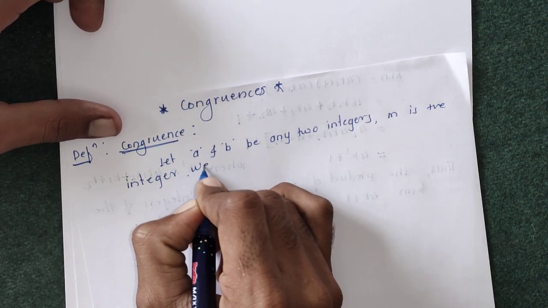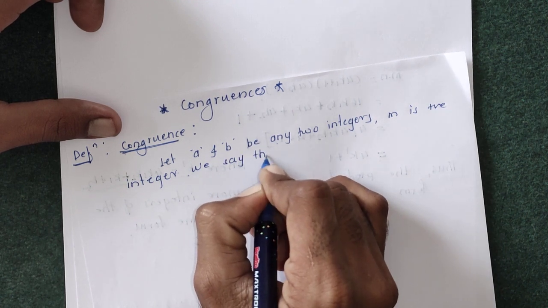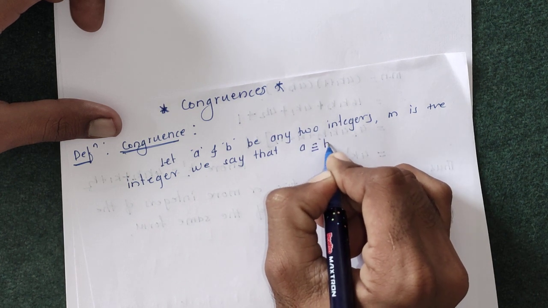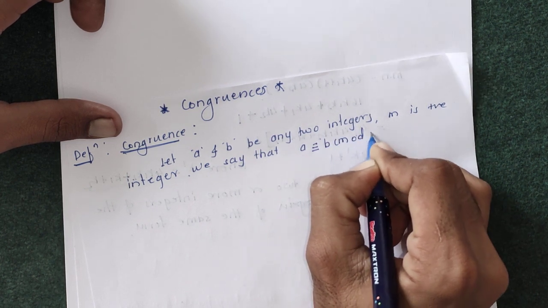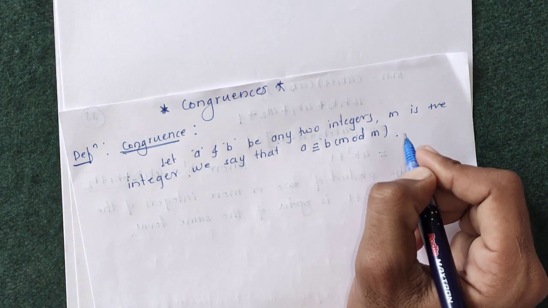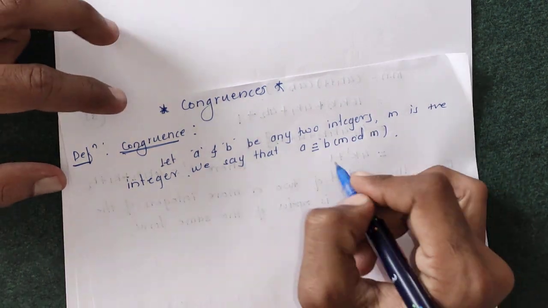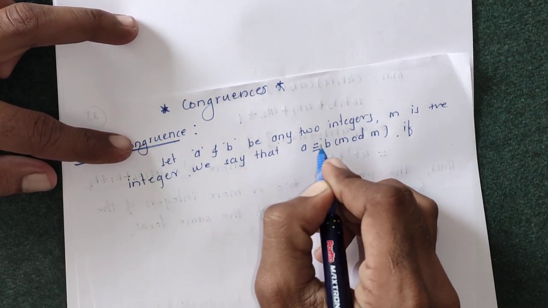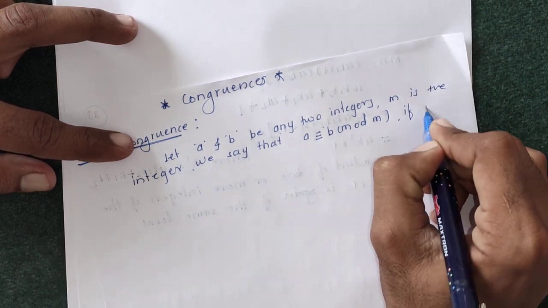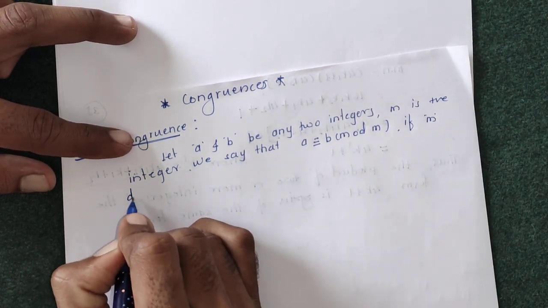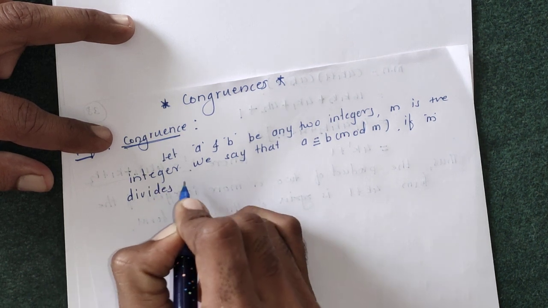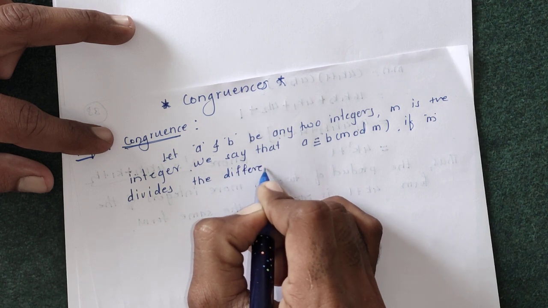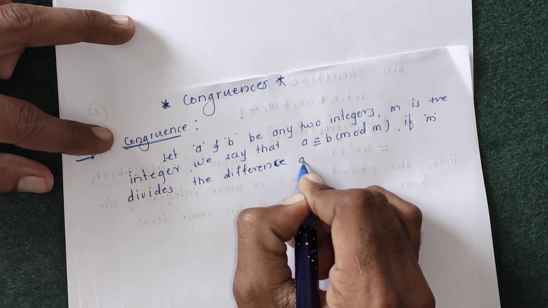Then we say that a is congruent to b under modulo m if m divides the difference a minus b.